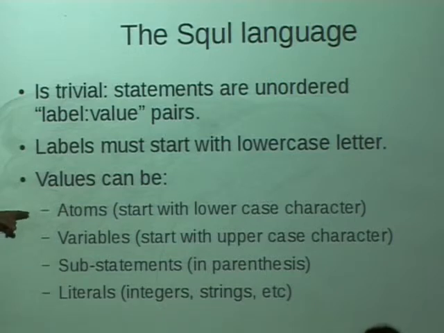Everyone knows what an atom is from Lisp or something. Variables, and the variables are bound within a single statement. It's closed within one statement. I allow nested statements, which is kind of a necessity. And then of course you have to be able to stick integers and strings in there.